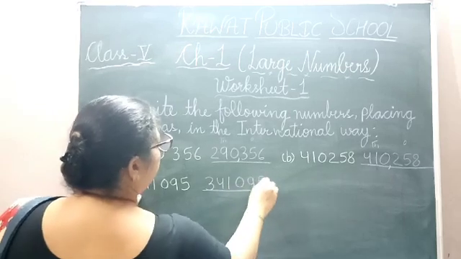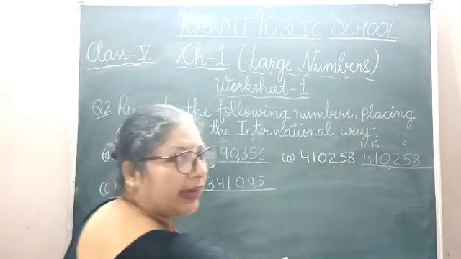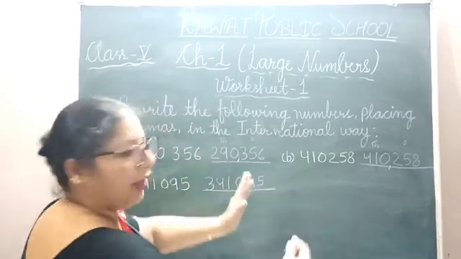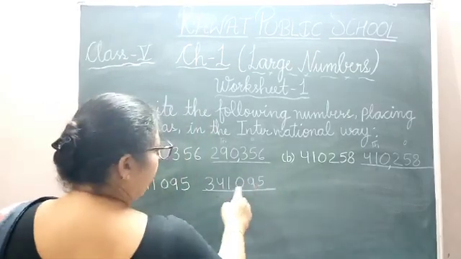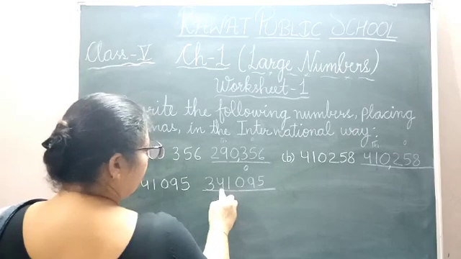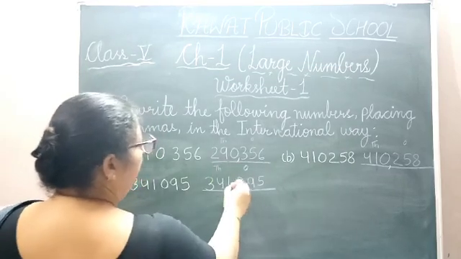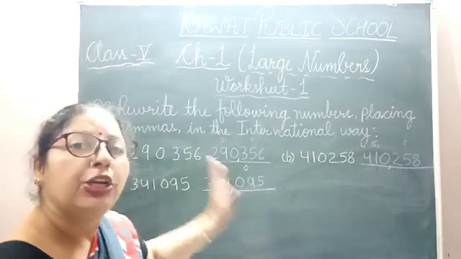Now C is 341095. So ones, tens, 100, we start from the right side and go to the left. So ones, tens, 100 is ones period, 1000, 10,000, 100,000 is 1000 period. So after one period we put the comma and it is very easy to read.